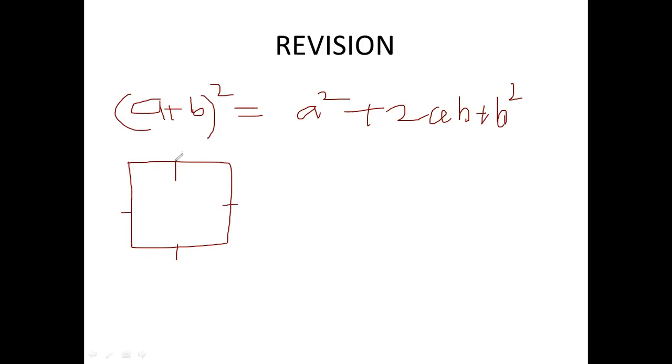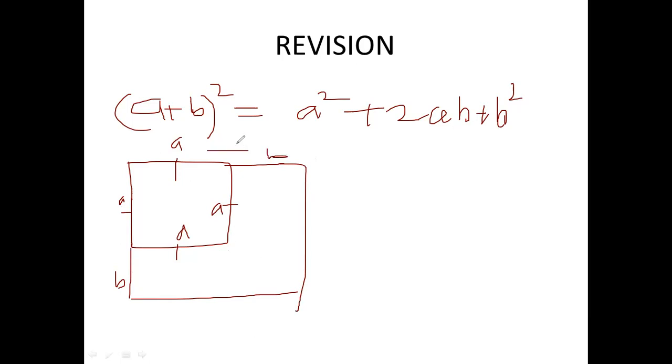This is suppose A, this is A, here also A, and here also A. If you extend this side, and this side also, B extend here B. Then join this side straight. If this part B is extended, then what will be the total here? A plus B or not? Here also A plus B total. This is A plus B, this is also A plus B.